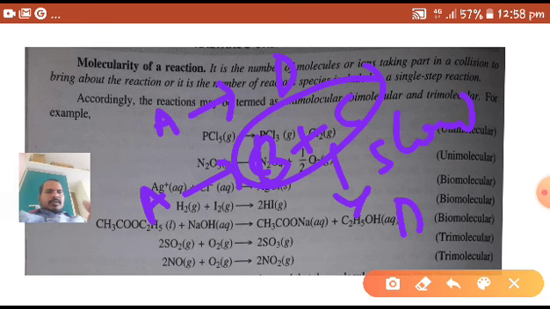Because in the slow step, that is the rate determining step, 2 molecules participate. That's why it is called a bimolecular reaction. So molecularity can be determined experimentally. It depends upon the number of molecules which participate in the slow step of a reaction.